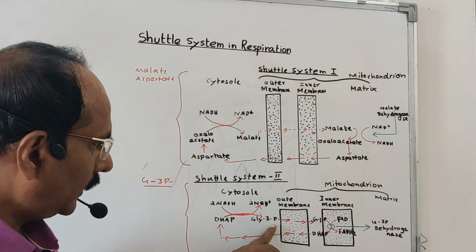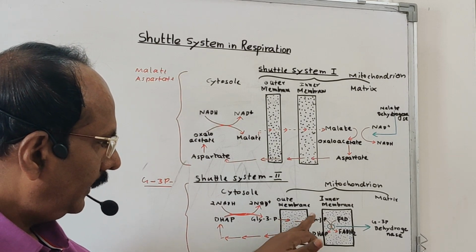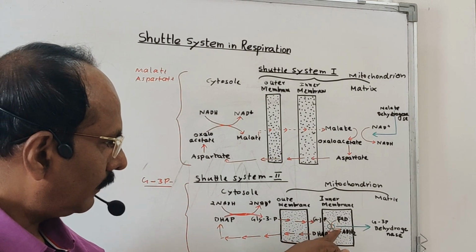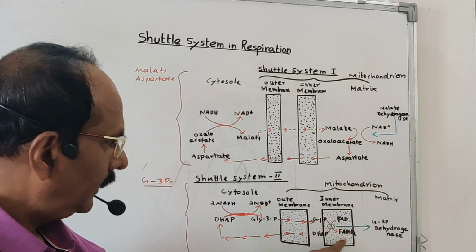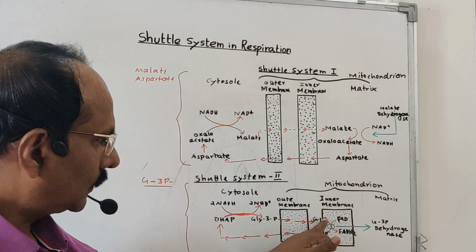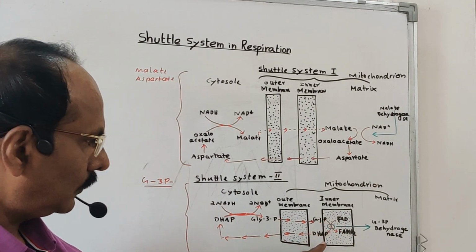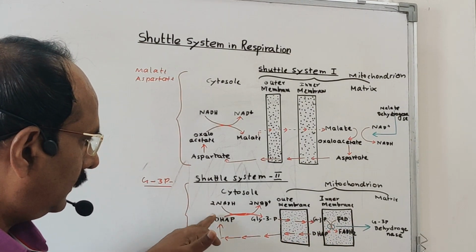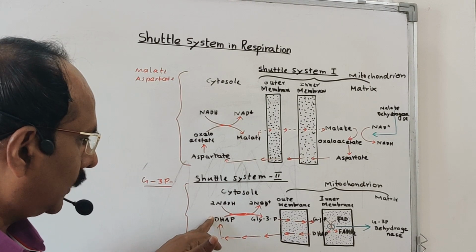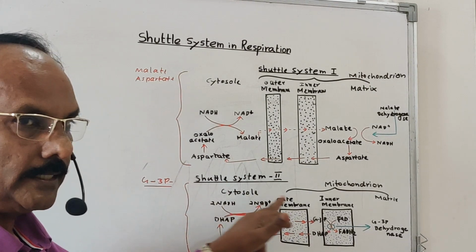And this glycerol 3-phosphate crosses the outer membrane, intermembrane space and inner membrane, and it is converted with FAD. This FAD is reduced to FADH2 and glycerol 3-phosphate is converted into dihydroxyacetone phosphate. This is transported back into the cytoplasm, and this DHAP, dihydroxyacetone phosphate, is used again for the cycle to operate.